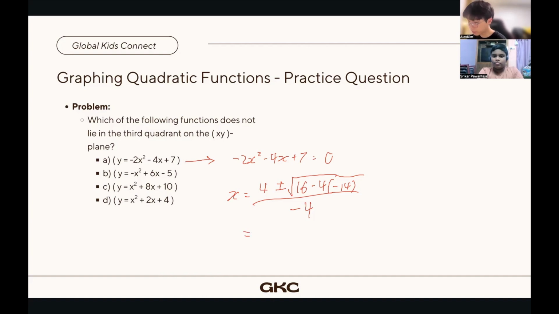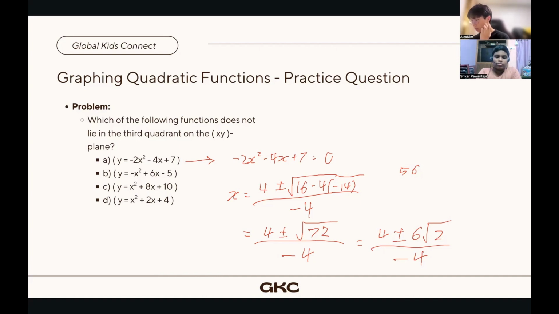And so we can simplify this so as to get 6 root 72 over negative 4. Yes, that is correct. Okay, and so we can simplify the root itself so as to get 6 root 2 over negative 4. And so just a bit more simplification, just to make things as easy as possible for ourselves, we can write it as 2 plus minus 3 root 2 over negative 2.